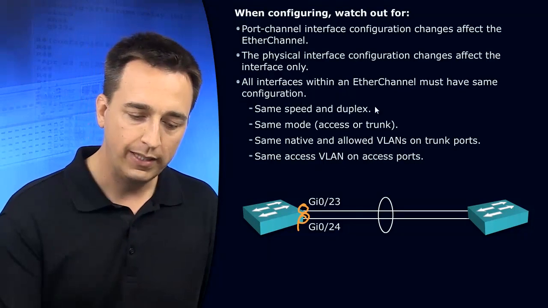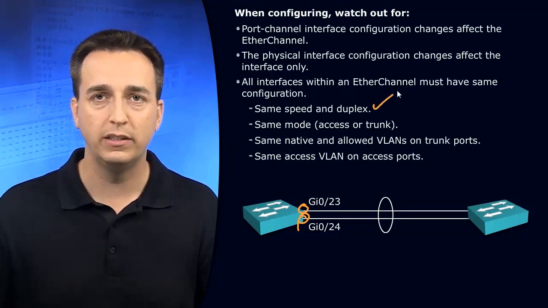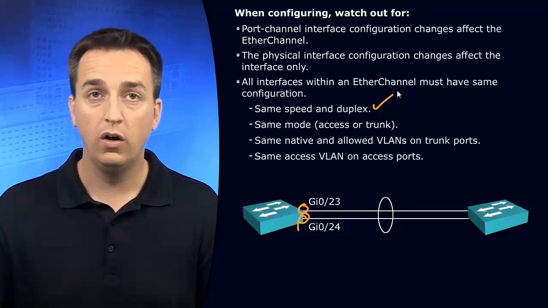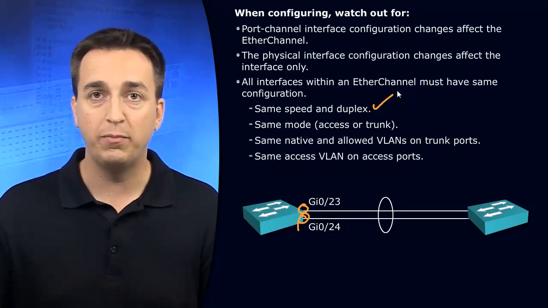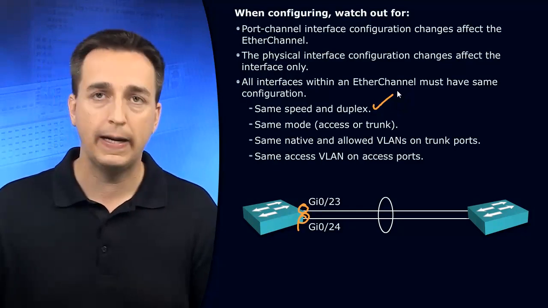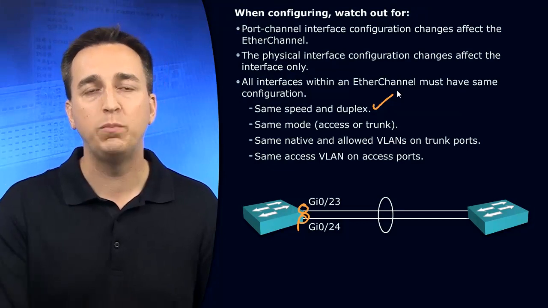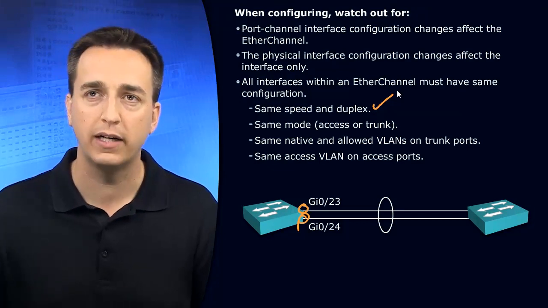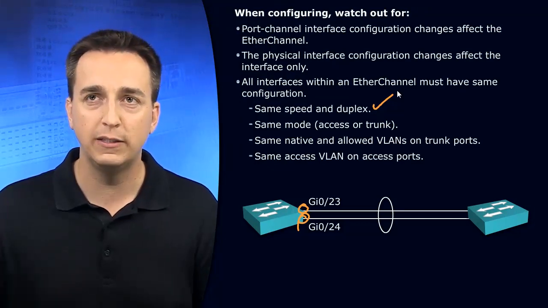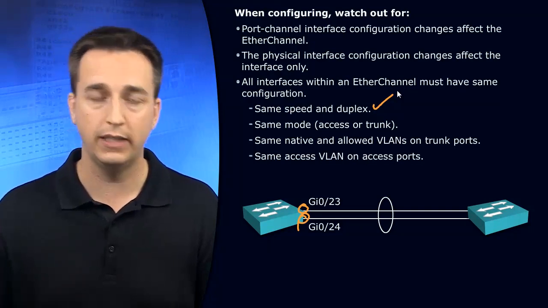For example, speed and duplex must match between these two interfaces. So they both have to be either full or half, and they have to be running at the same speed. So 100 megabits per second, 1,000 megabits per second, and so on and so forth. If there is any mismatch between the speeds or duplexes of these interfaces, it would be classified as a link failure and the bundle will not successfully form.